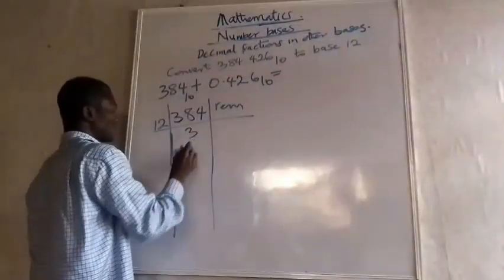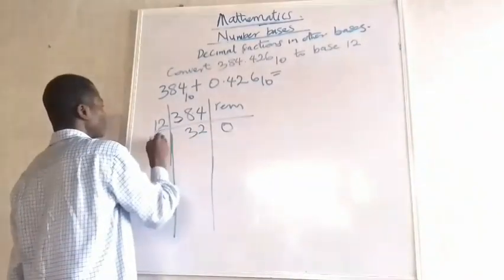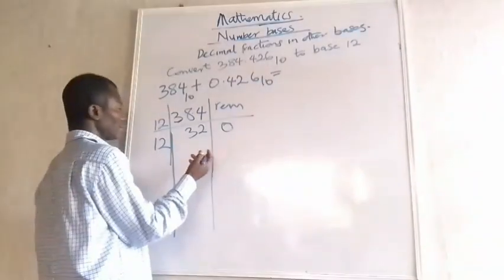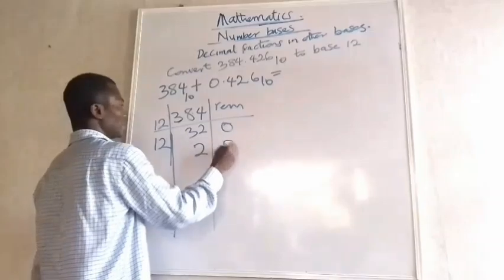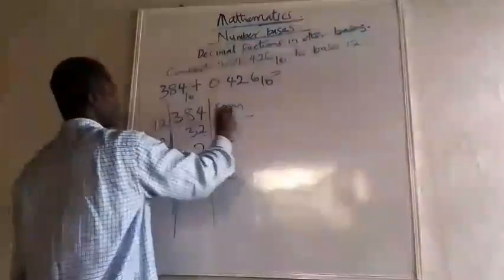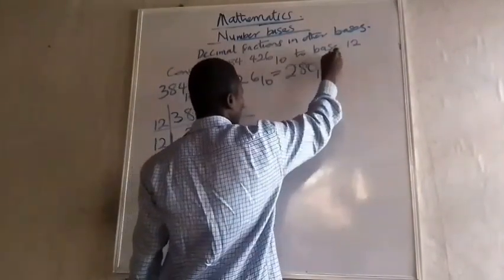Remaining 2. 12 is 24, 2. So remaining 0. 12 now again. 12 is 32. I have 2. Remaining 8. 12 is 2, 0. So this portion is going to give me 2, 8, 0 in base 12.